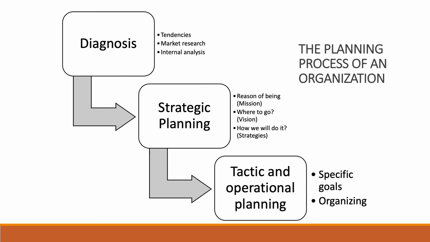And in a tactical and operational planning, we need to enter in the second step, which is the organizing process. Okay, so we have to understand perfectly well who is going to do what.